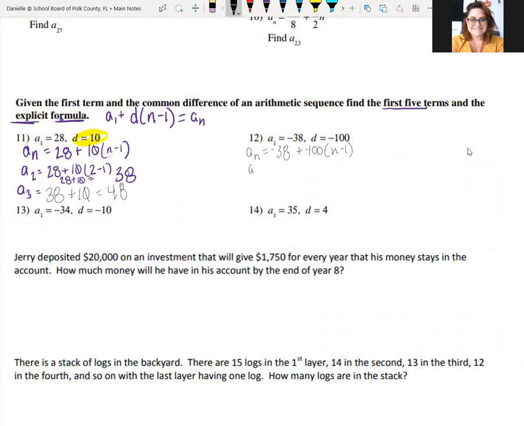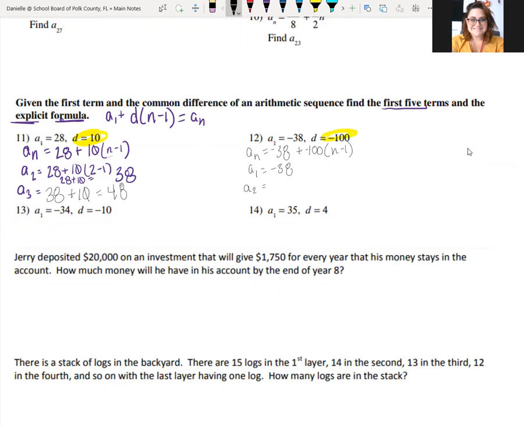And again, I already know first term is negative 38. And now I can also say, just subtract 100 every time. But we'll do it the way that we should first.